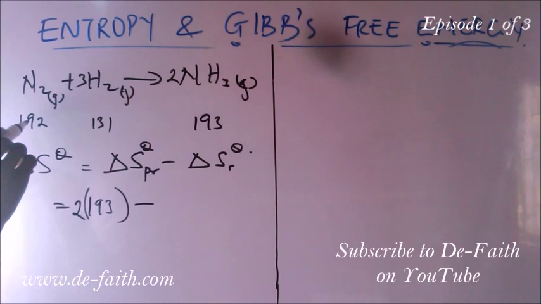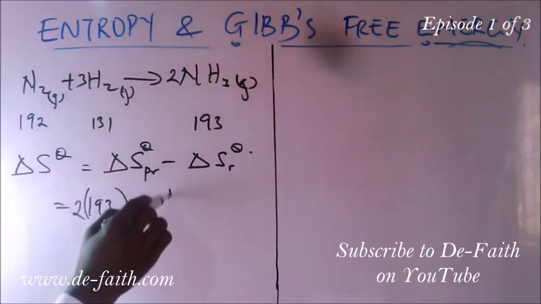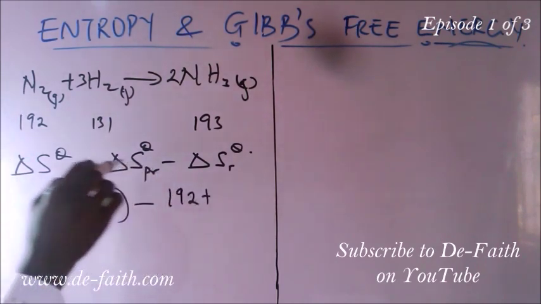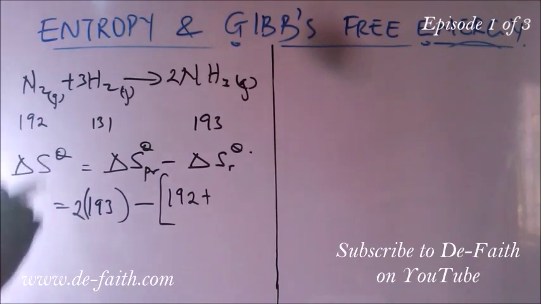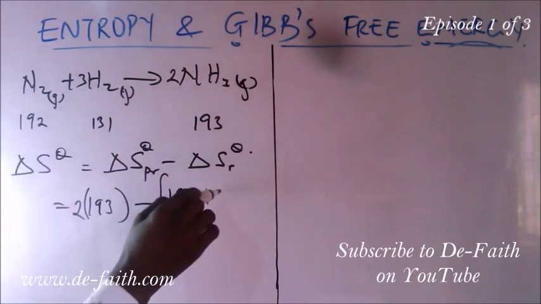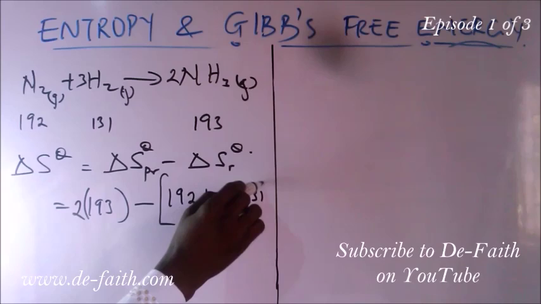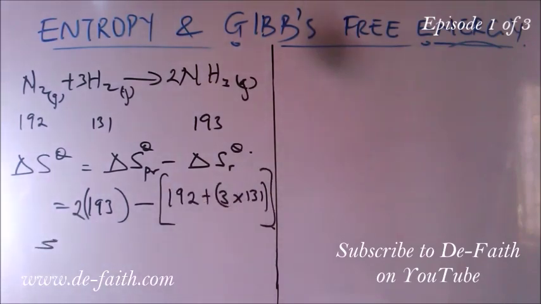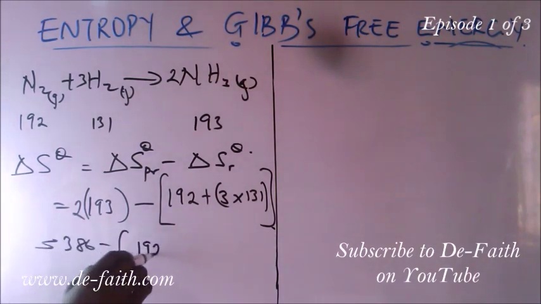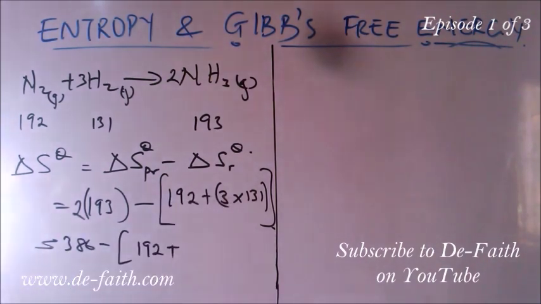Now for nitrogen, we have just 1 mole, which is 192, plus hydrogen, 1 mole is 131, then multiply by 3. So we have 3 times 131. And we have 2 multiplied by 193, that's 386, minus 192 plus 3 times 131, that gives 393.